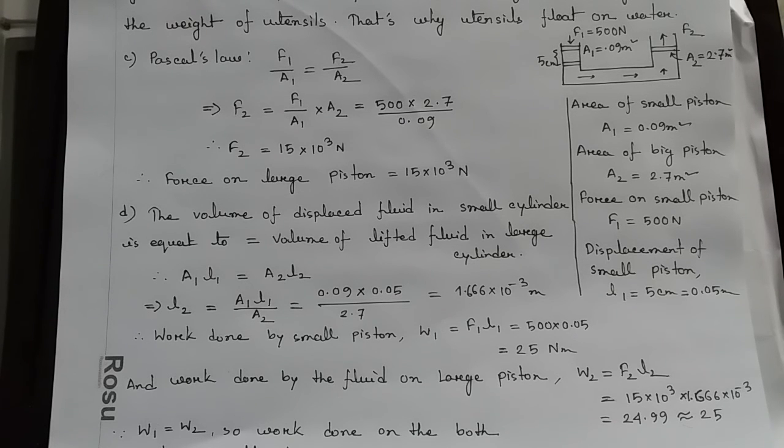So observing both results of W1 and W2, we can sum up that the work done on both pistons will be the same. And this was our question, whether the work done will be the same for both pistons or not. From our calculation and explanation, the work done for both pistons will be the same.